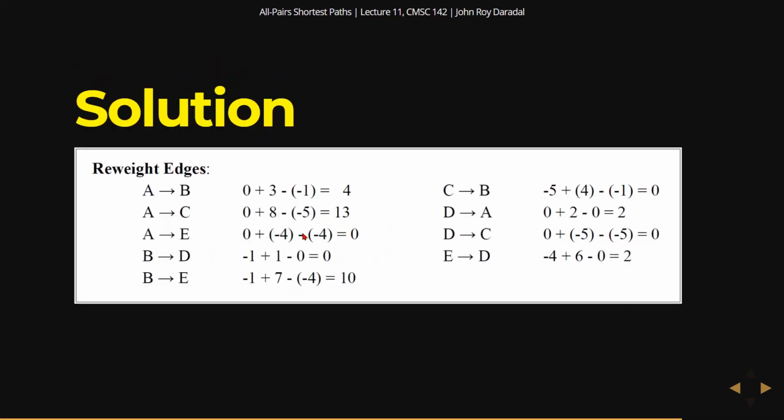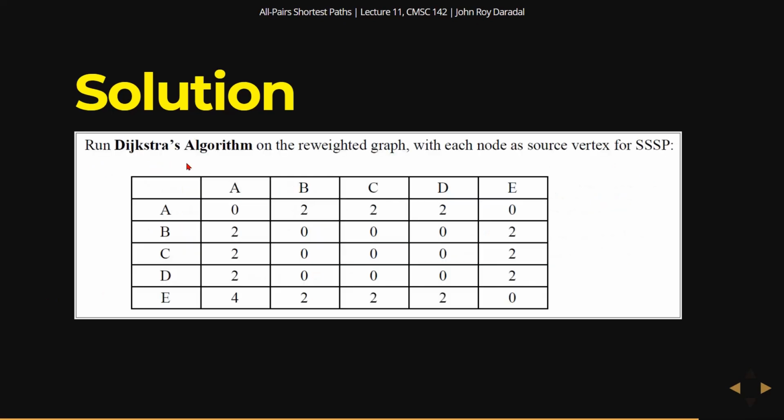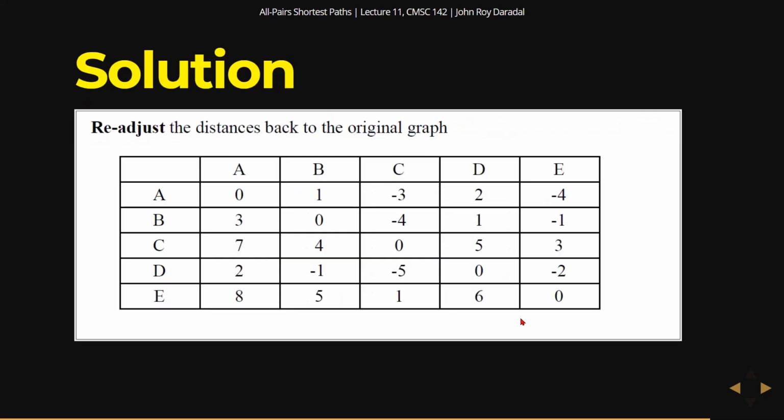What you'll do is reweight the edges using those scores. After you get the reweighted edges, you'll run Dijkstra's algorithm n times. So these are the results, and then you will need to readjust the path lengths. After that, you'll get these shortest path lengths for that graph.